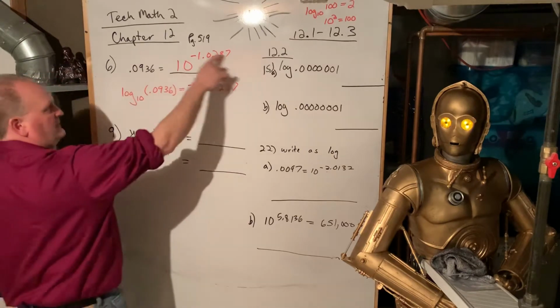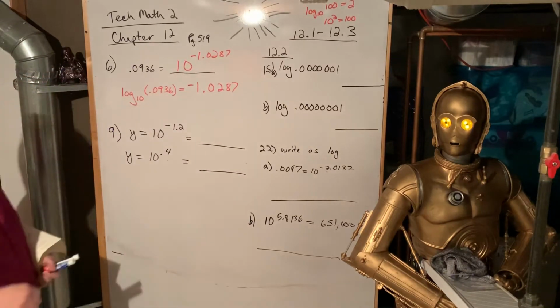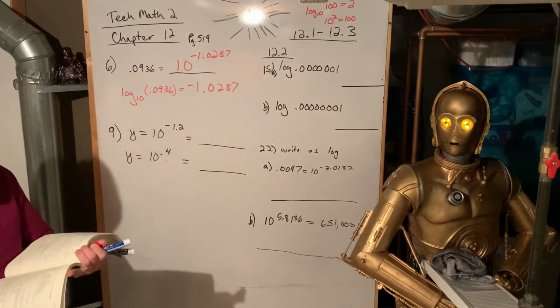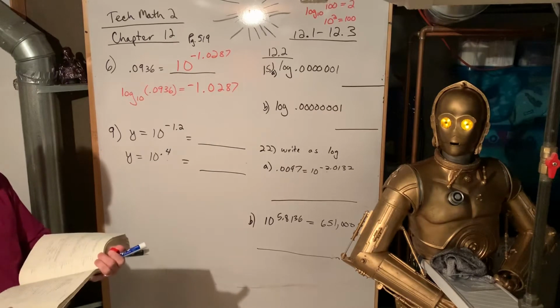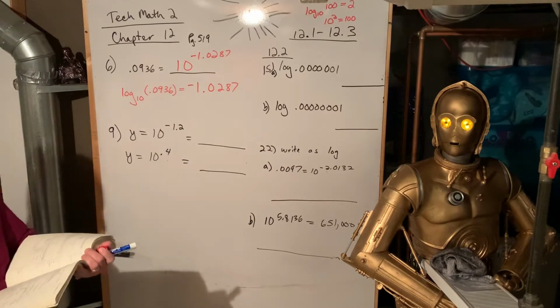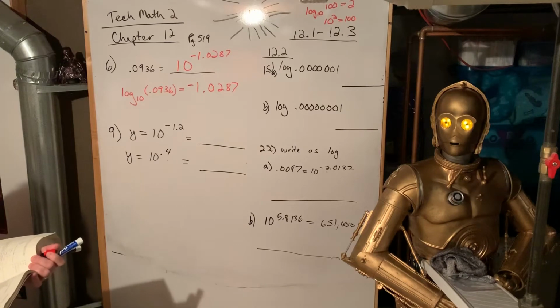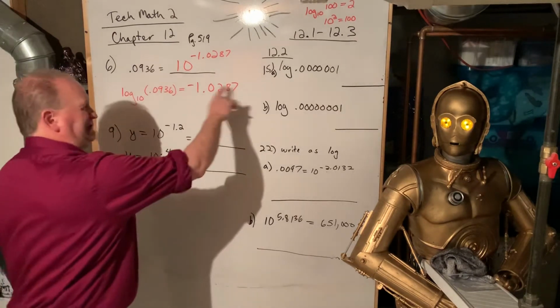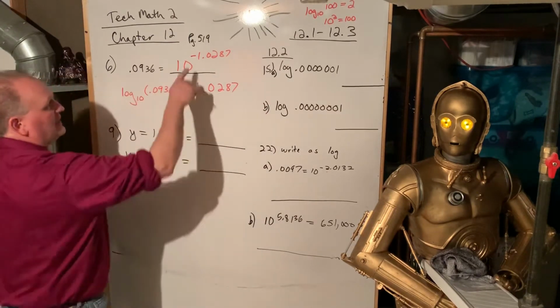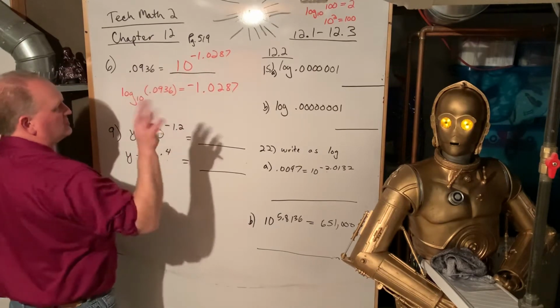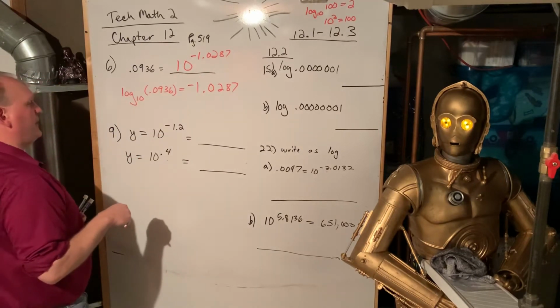If you type that in, it'll kick out 0.0936. It said to 4 decimal places, so we had to cut it off, and I'm sure there were more digits after that. So if you type it back in and you don't get exactly that, it's just round off error. No worries.